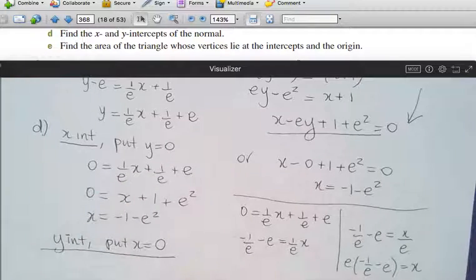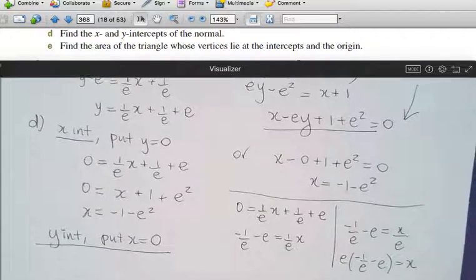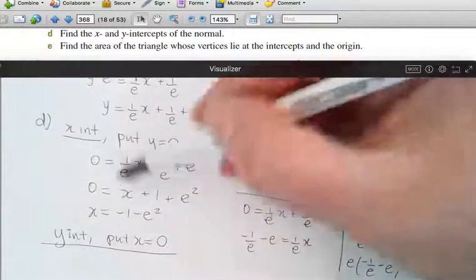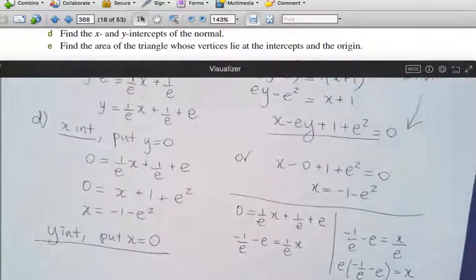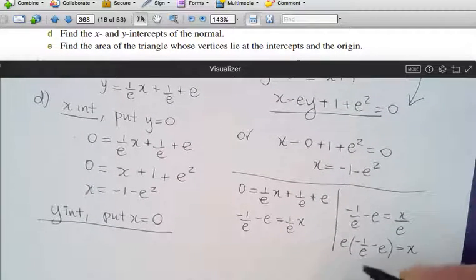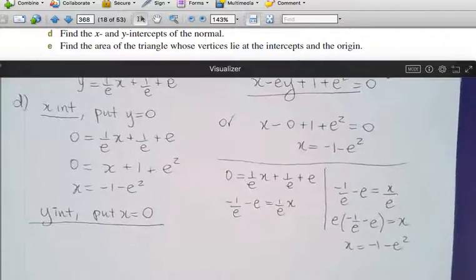You have to multiply each one by e. It's not multiplying the right-hand side 3 times by e. It's just multiplying this by e and this whole side by e. So they're balanced. You multiply the left and the right both by e, and it'll still be balanced. Or you could have done it this way, which is even worse again. So 3 ways to do it.